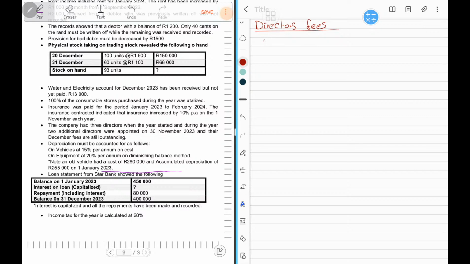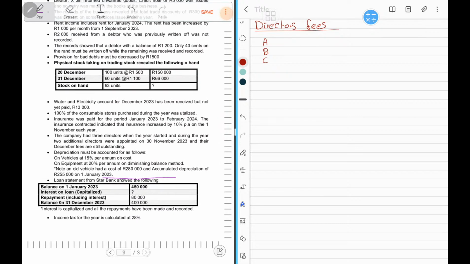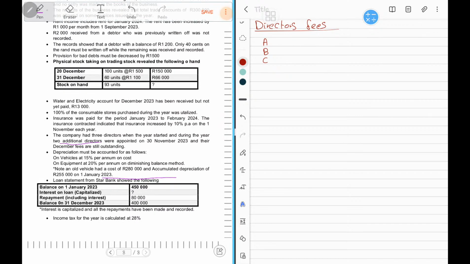So it means that we already have director A, B, C. Then we're being told that 2 additional directors were appointed on 30 November 2023, the last day of a month. When we pay them, we're going to pay them for December, not for November. Then their December fees are still outstanding. Then it means that we're going to have director D and director E.